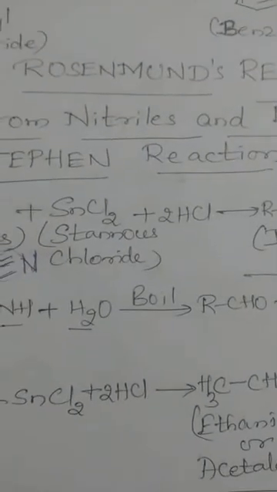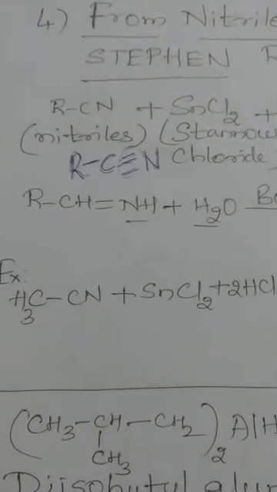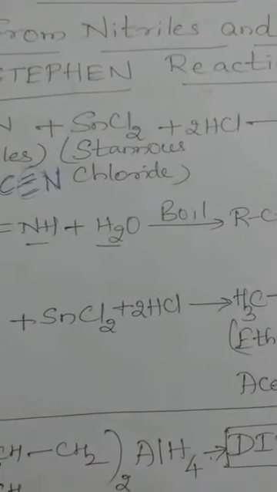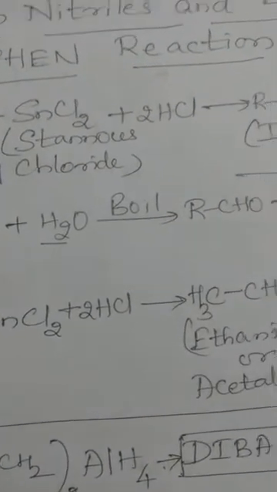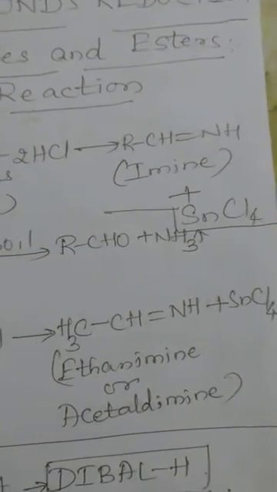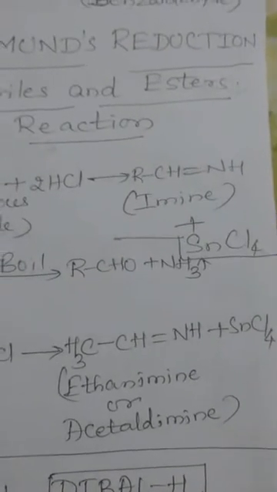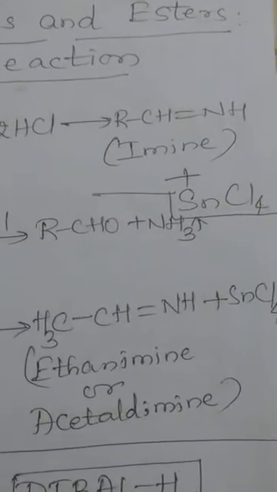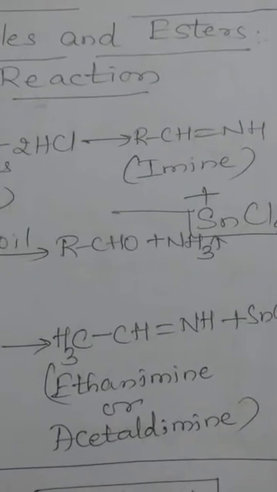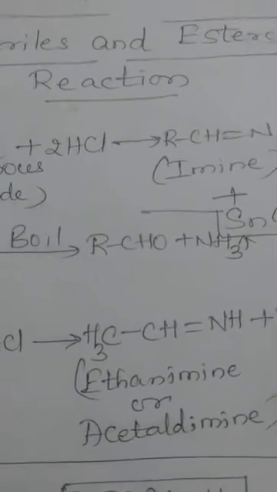To give one particular example, you can take CH3CN, methyl cyanide or ethane nitrile, which reacts with stannous chloride and hydrochloric acid to form the corresponding imine CH3CH double bond NH plus SnCl4, stannic chloride. Further, this ethane imine on hydrolysis will give you CH3CHO and liberation of ammonia, NH3. This reaction is called Stephen reaction.